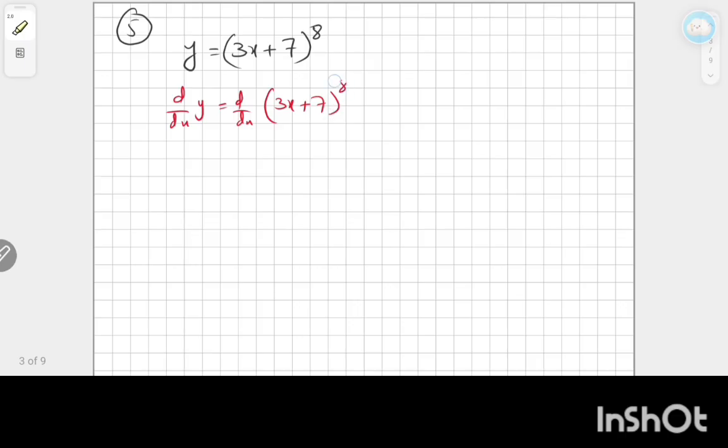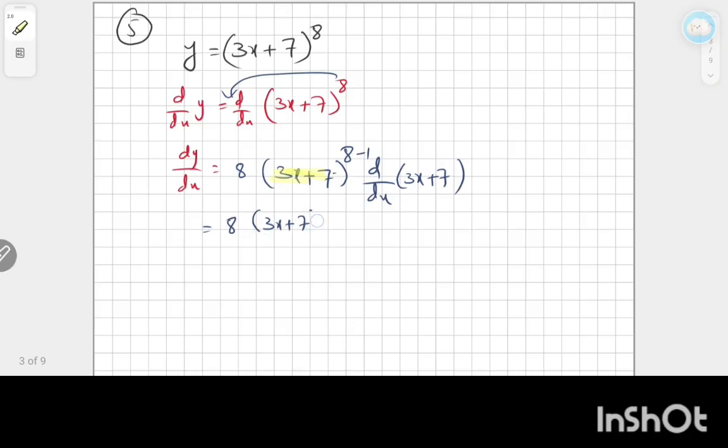(3x plus 7) power 8. Now dy by dx: first the power will go at start, 8, then we subtract 1 from the power, 8 minus 1, which is 7. After subtracting 1 from the power, we will take the derivative without power term. What is the without power term? This is the without power term, 3x plus 7.